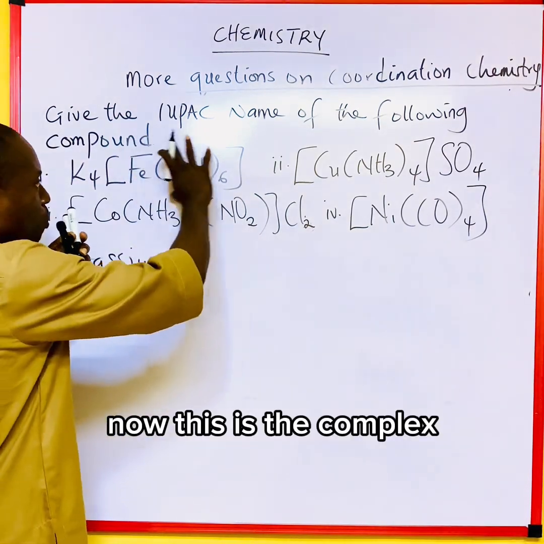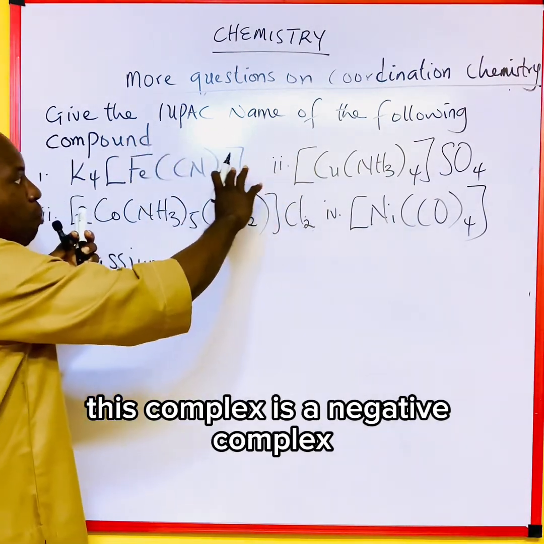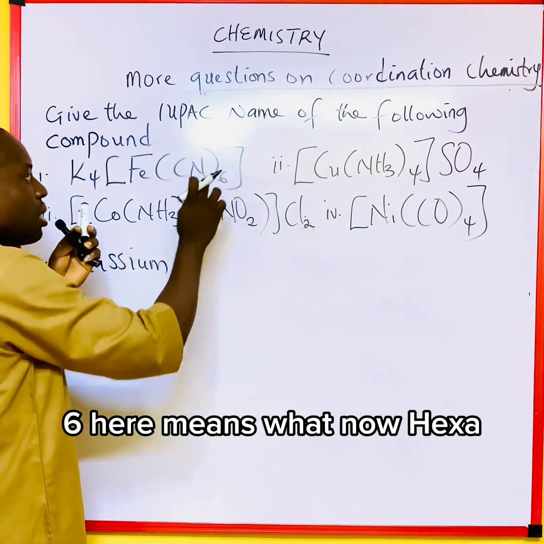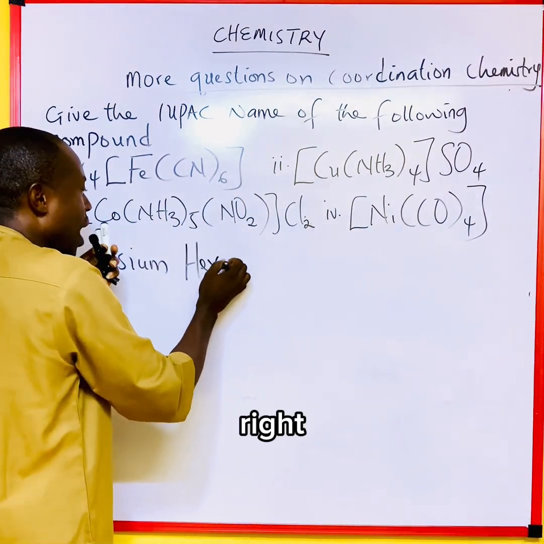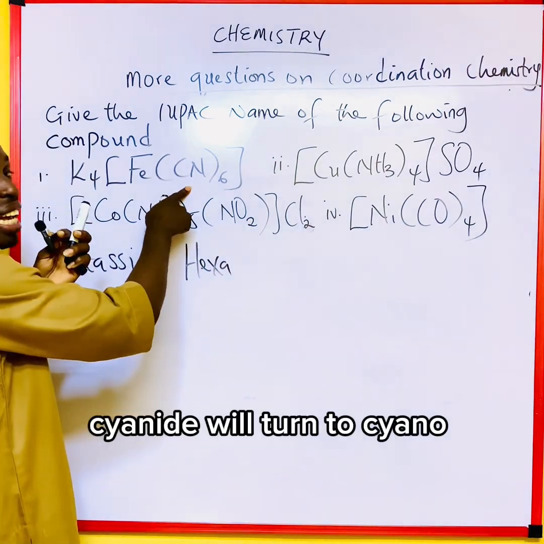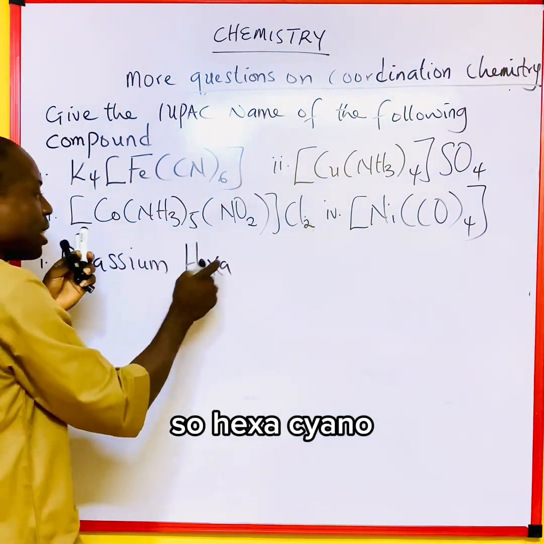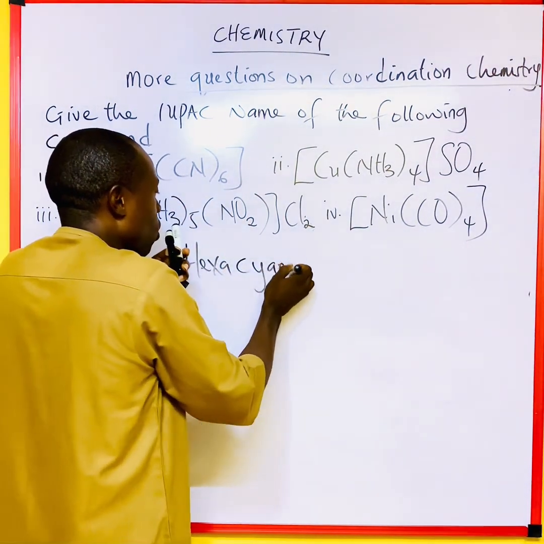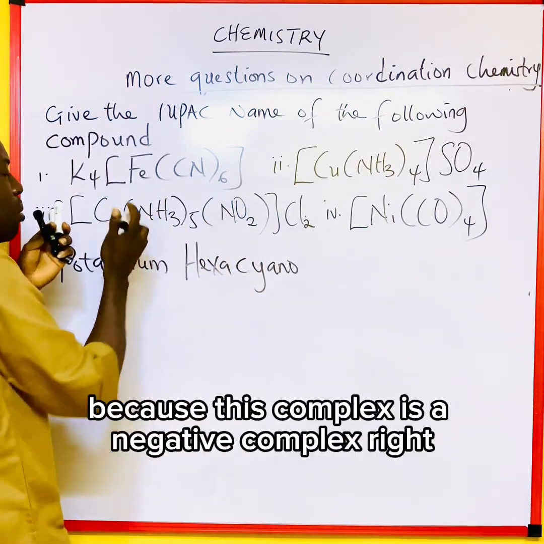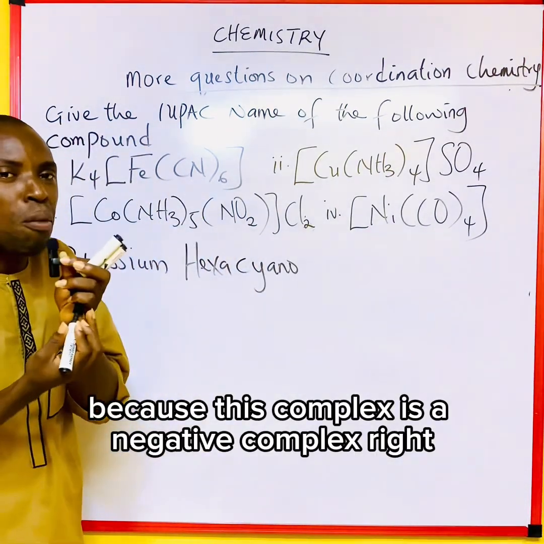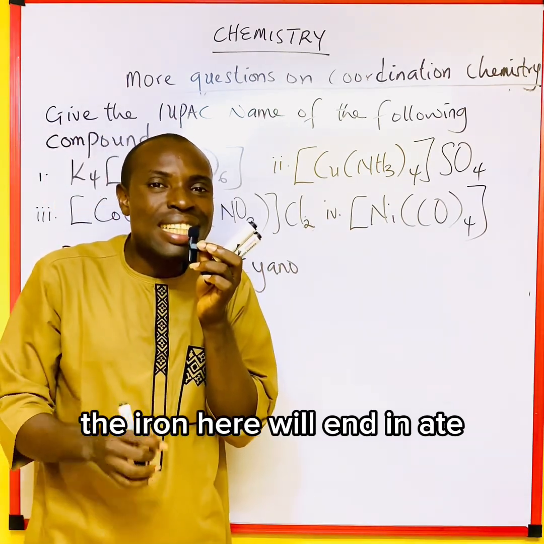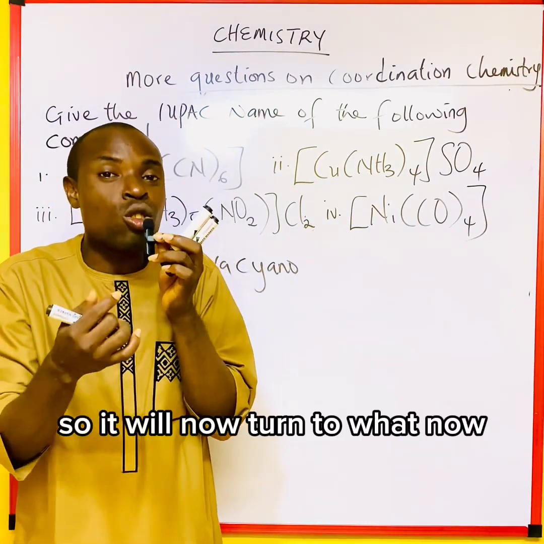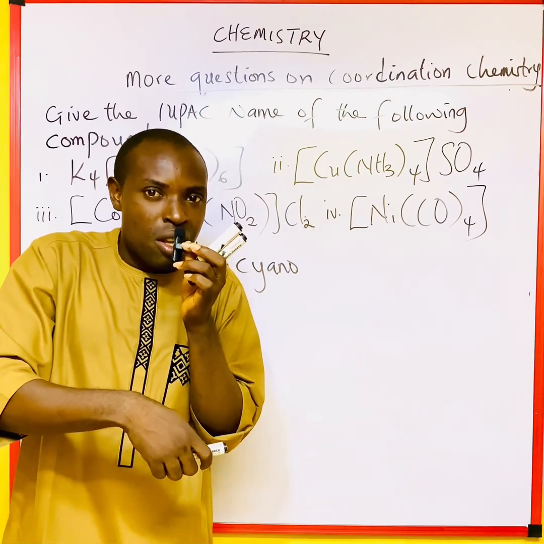Now, this is the complex. This complex is a negative complex. We have to name it. Now, 6 here means hexa. Cyanide here, we turn to cyano. So hexacyano. Now, take note, because this complex is a negative complex, the metal name here will end in ATE. So it will not be ferrum or iron.